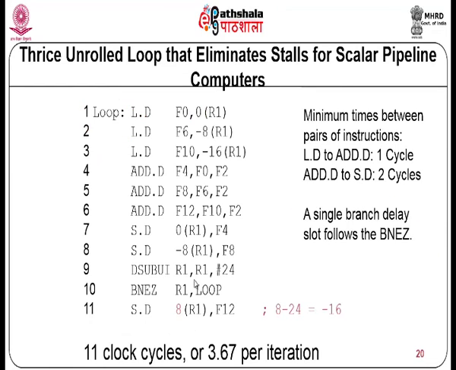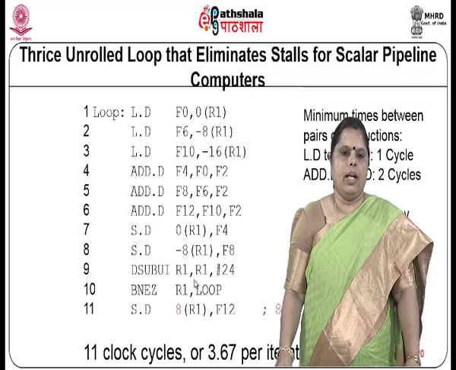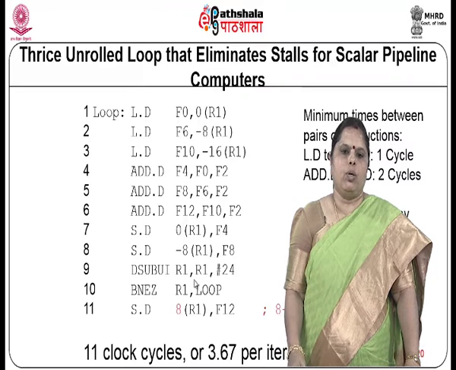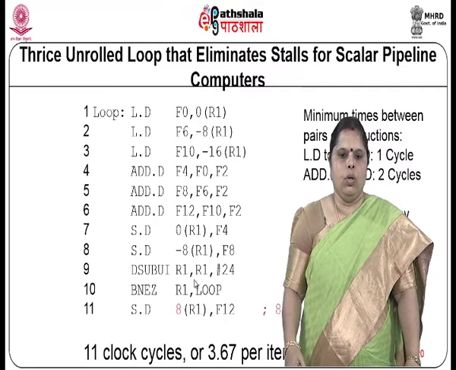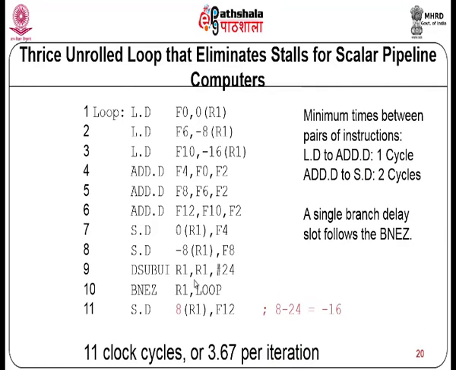Let us look at an example here, a simple loop which we have already seen. You have a load, you have an add, and you have a store. So, you are taking data from memory, you are adding something to it and you are putting it back into memory. But let us assume that you will have to schedule it. We have already looked at the concept of loop unrolling.